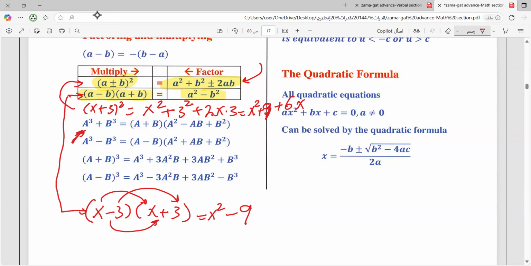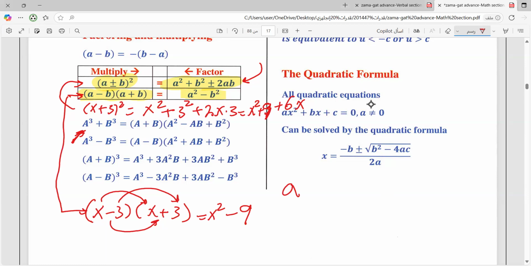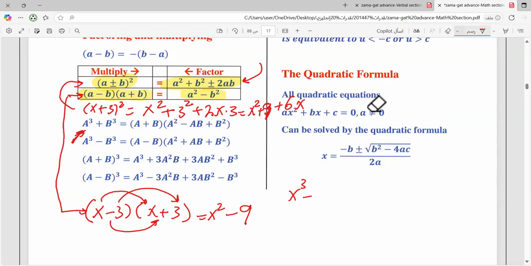It is difficult maybe for you, but it is not very important in the GAT. If you know, that is very nice, but I think there are not many questions for that. If you want to explain like this, a cube or x cube, so what is it? x cube minus 27.